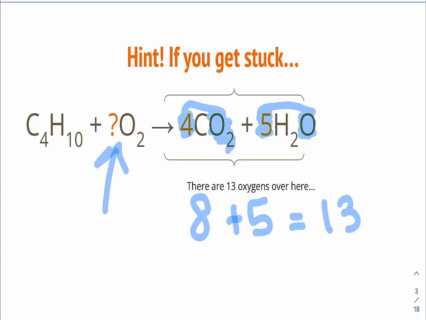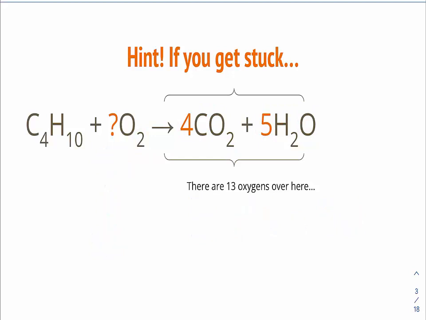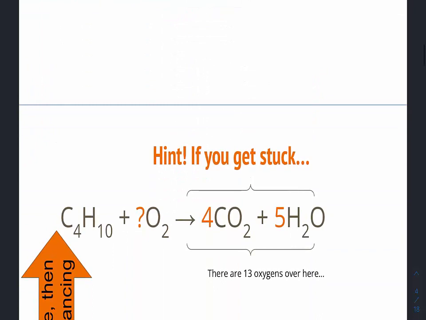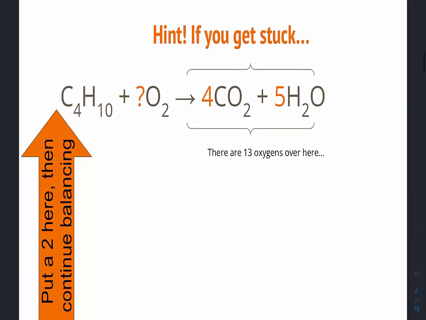There is not a coefficient here that I can put to make that 13 oxygens, because something times 2 to equal 13, well, it would have to be 7.5, and we're not allowed to use decimal numbers. So if we learn Miss Hammer's hint, here it is. If you get stuck, put a 2 at the very front of the equation where that big orange arrow is pointing. Put a 2 there and then continue balancing.